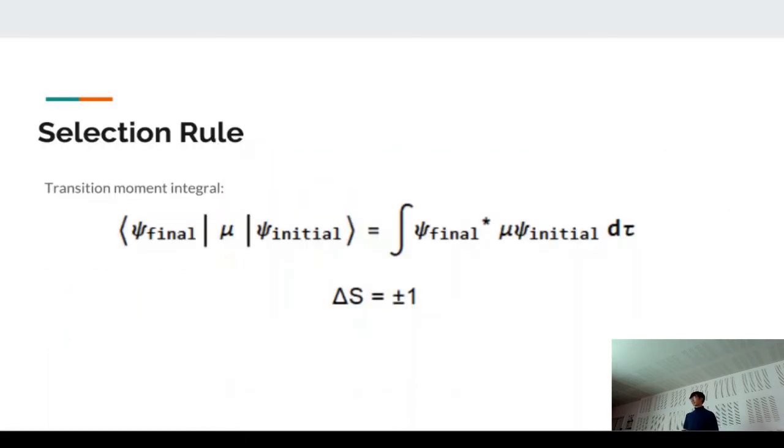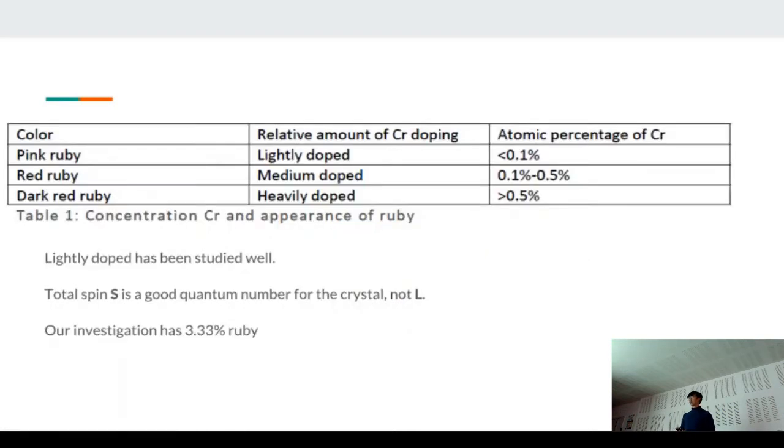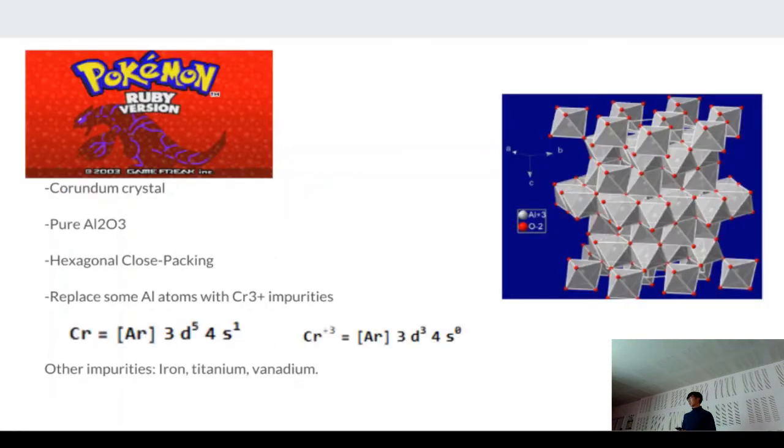In our code, when we flip a spin, we have delta S equal to plus or minus 1, and we did find an allowed transition, which reinforces what the literature says, and that's why it's very important to look at the 3D valence electron.